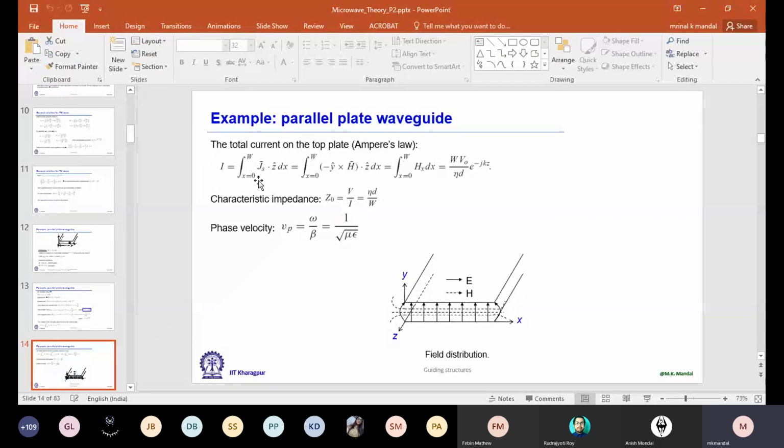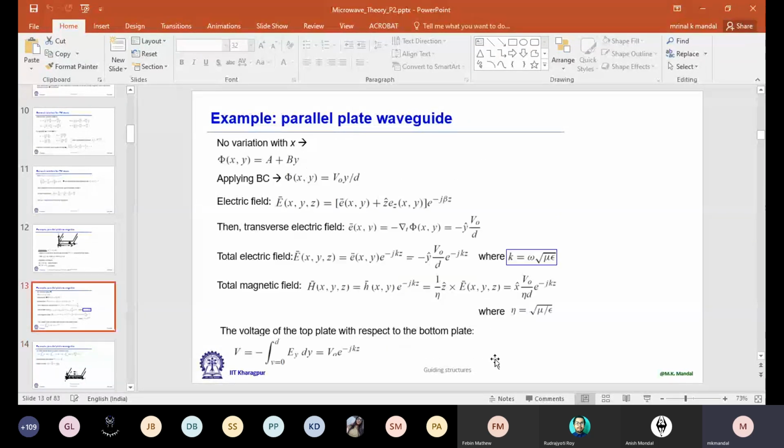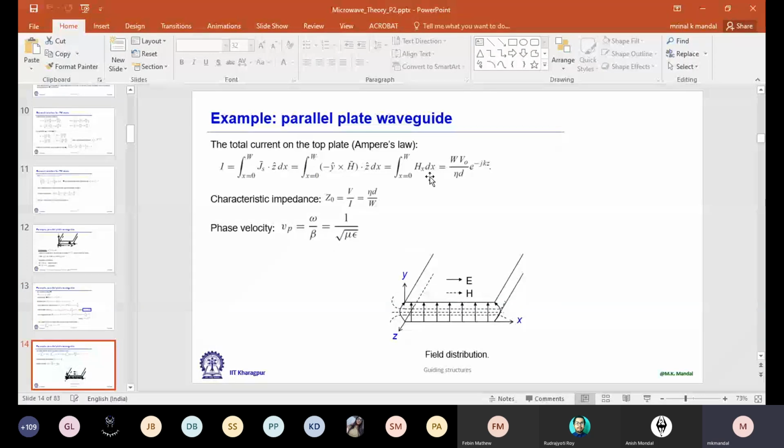We already calculated the value of H here. It is x cap V naught by eta t, with the phase variation. Put it here and integrate over x equal to 0 to w. Then we have w V naught divided by eta d and the phase part.